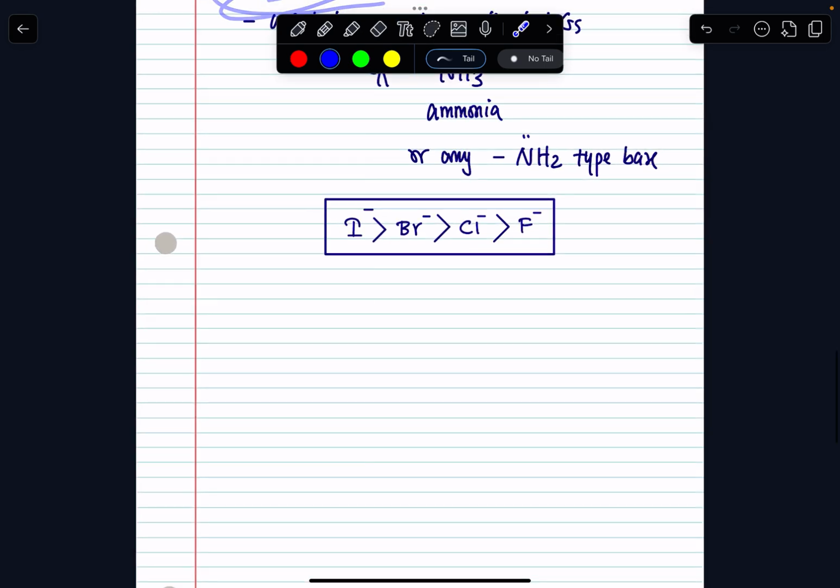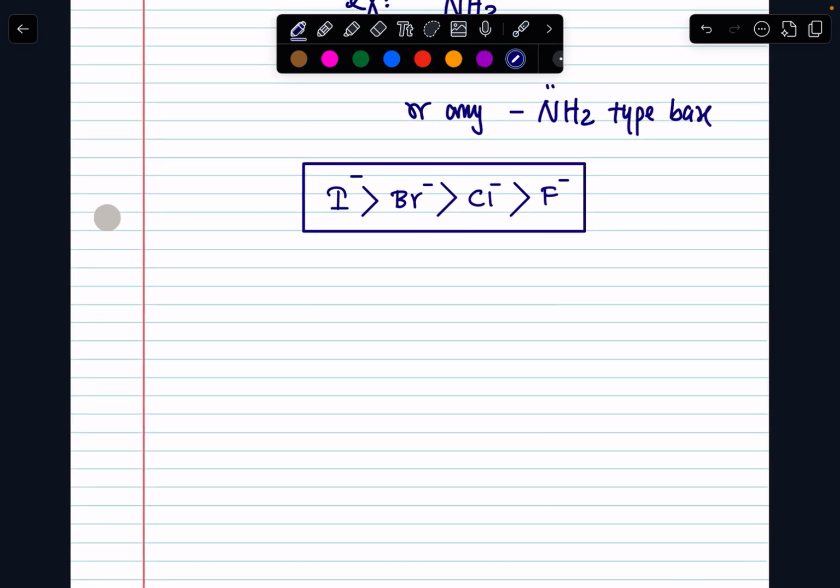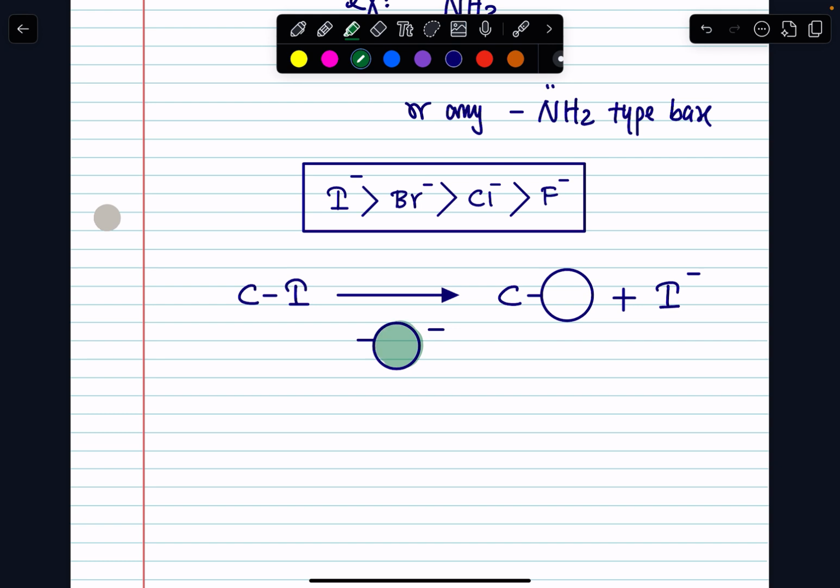If you're wondering what's going on, remember, a leaving group is what leaves the alkane, and then you replace it with something else, hence substitution. So let's say we have C with I, which is trying to become C with I minus, and let's say this is the negative charge, if this is your nucleophile.